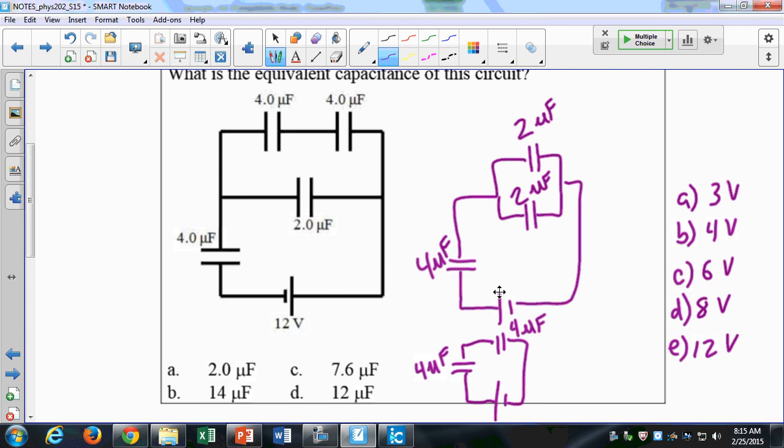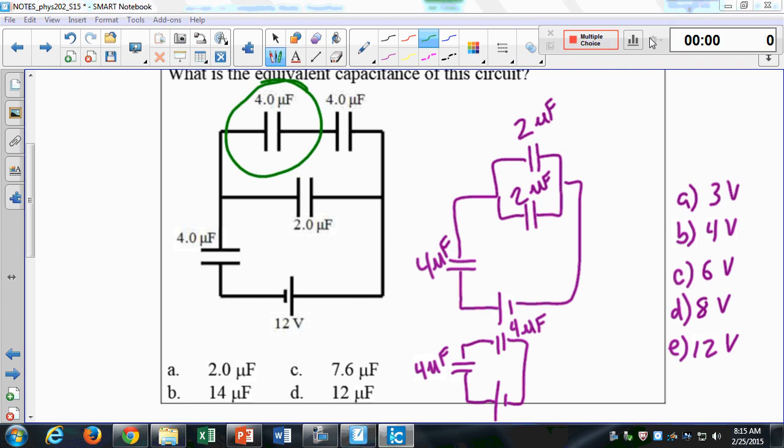Now let me ask you some questions. What is the voltage across this capacitor? Is it 3, 4, 6, 8, or 12? The voltage across that left 4 microfarad capacitor.